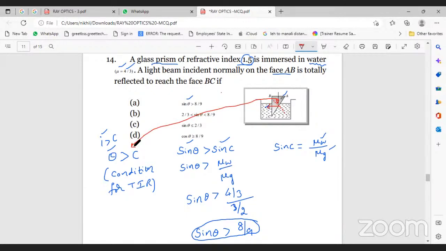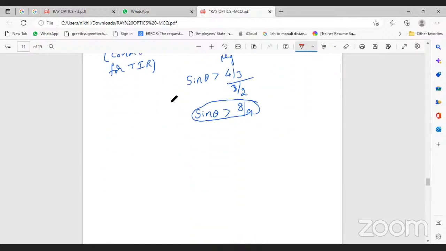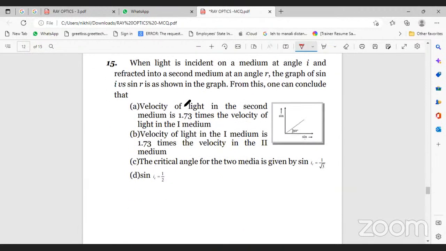Critical angle. That is the condition which I am using here. So which is the right option? Option A, sir. Option A.